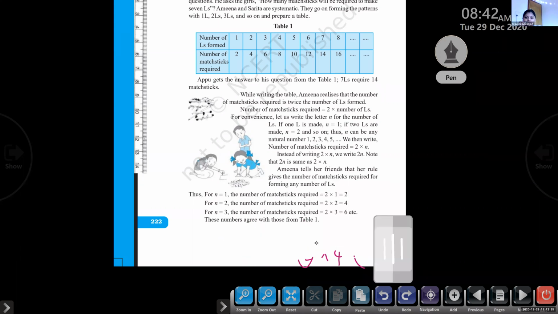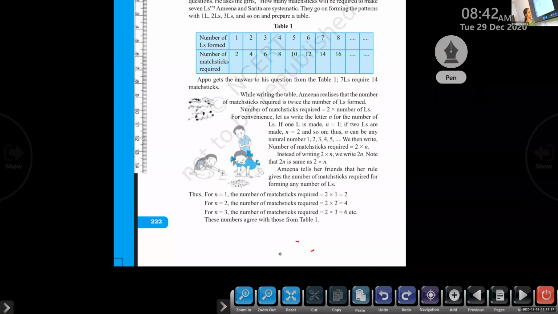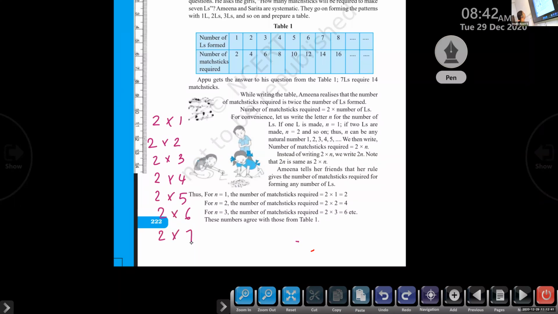The value that changes is for N, isn't it? Like this, 2 into 1, 2 into 2, 2 into 3, up to 2 into 7, etc. So this is 2 into N actually. Just look here.